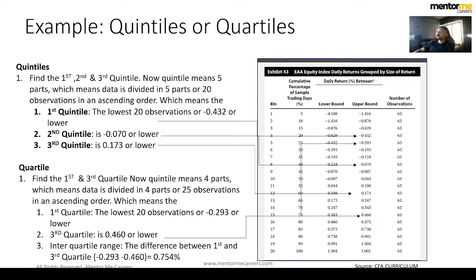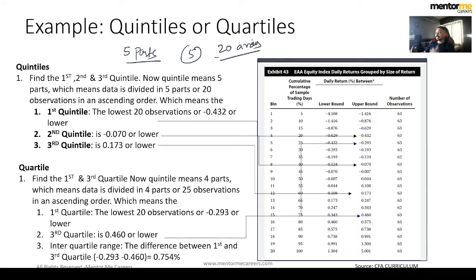Now if we're to say that the data has to be divided into 5 parts, then what would it be? You need to understand quantiles has 5 parts. If you are saying 5 parts and you have, let's say, 100 bins or sections of the data, that means you basically have 20 areas, or 20 sections, to look at.